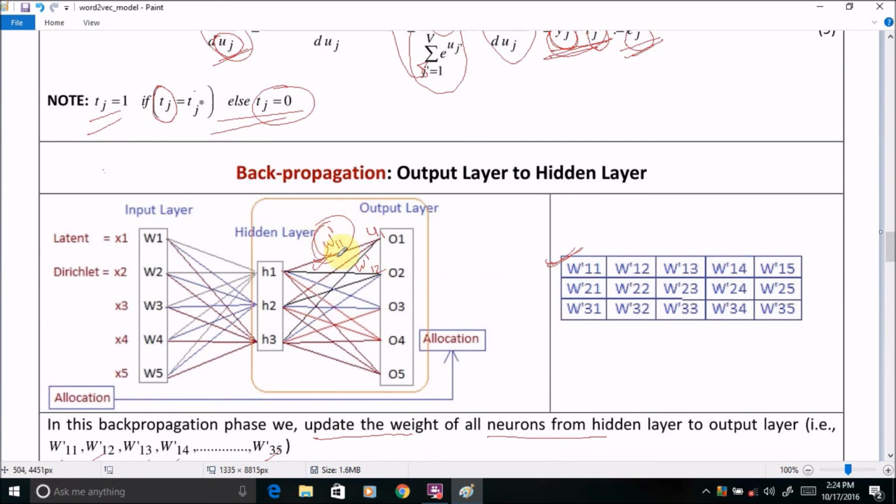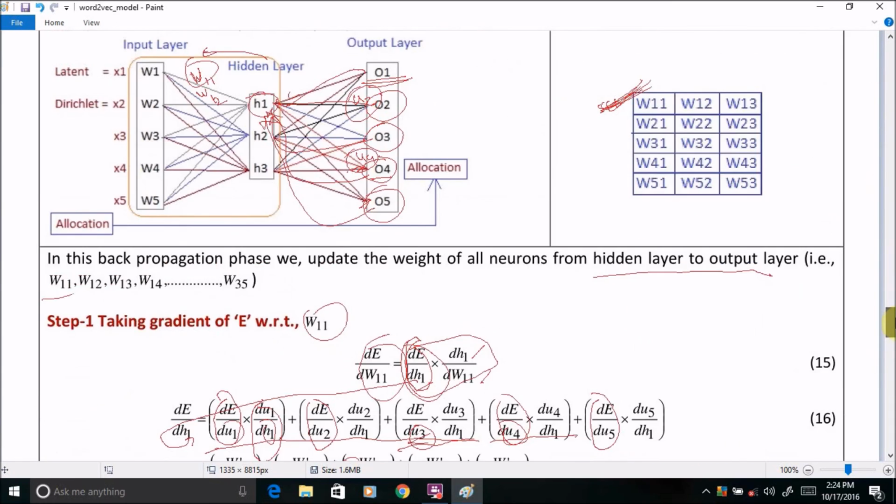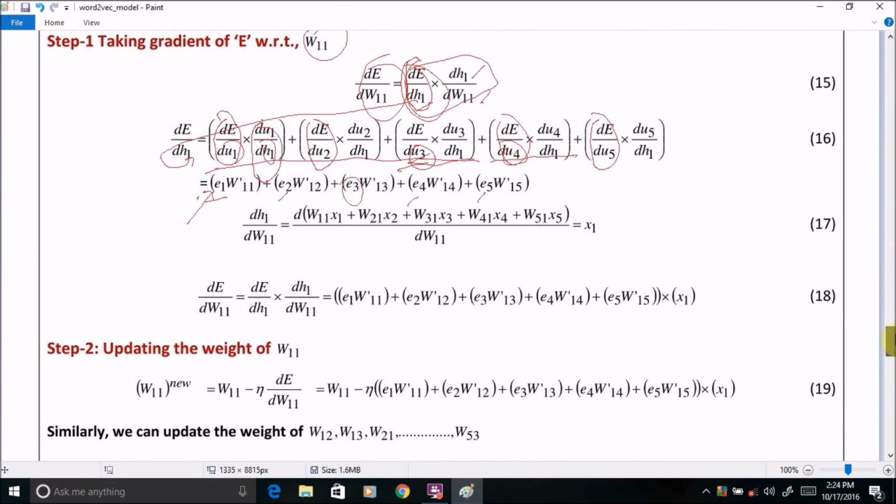W-11 is the weight of the neuron from H1 to O1. This is already clear. So this is the final score for the derivation of E with respect to H1.